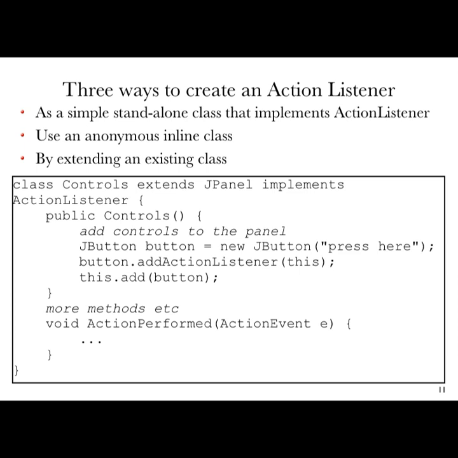The first question, what does the action listener do? By adding the action listener, you're telling the program to listen out, wait and respond to button pushes. If you just had this line here, add button, without adding the action listener, all you would have is a button that's not connected to anything.